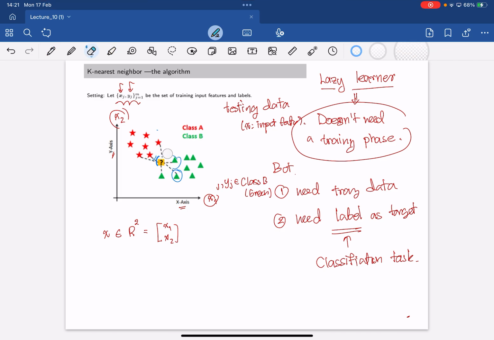But if we relax a little bit, let's say we use three data points, and we see that these three are the closest, with the majority vote you probably get class B. And yes, the performance of this k-nearest neighbor classifier will depend on the size of the neighborhood that you want to consider. The size of the neighborhood in this case is defined by the number of neighbors, or the number of nearest neighbors.